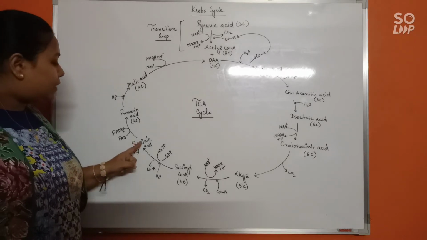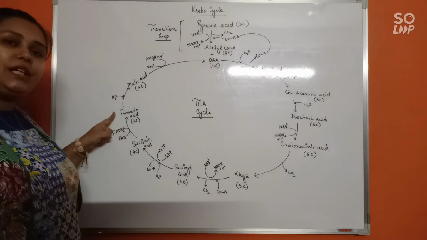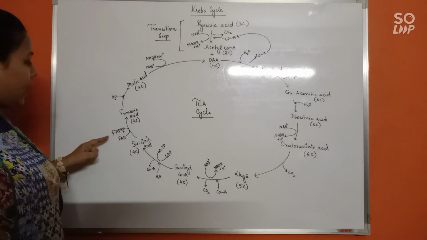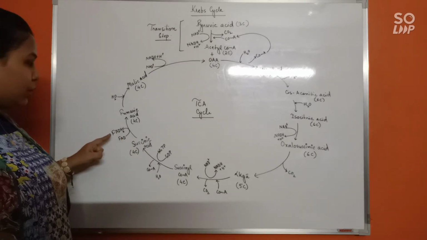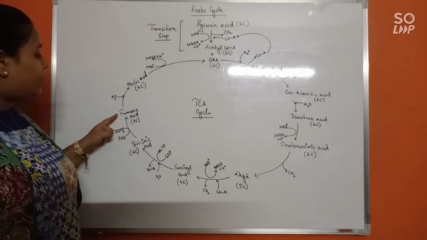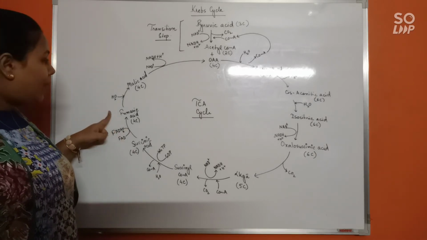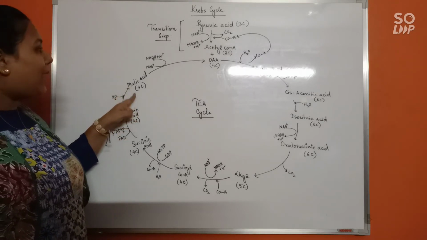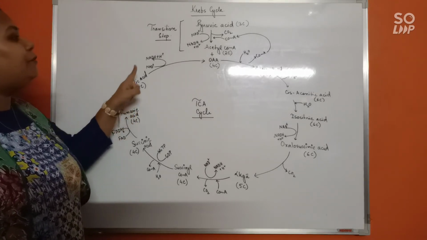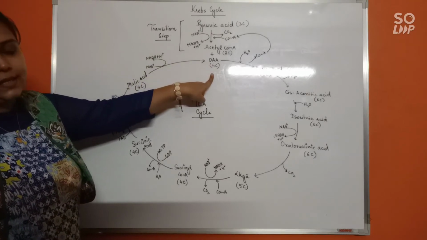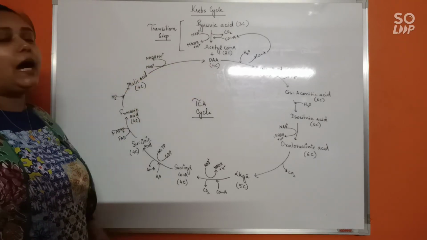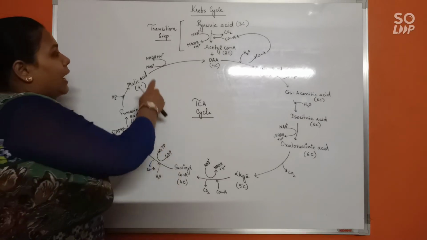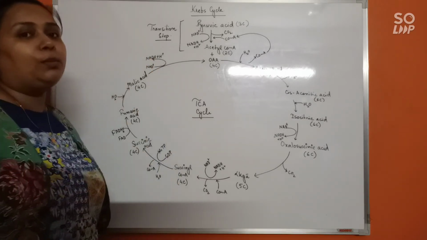Now, succinic acid finally undergoes another dehydrogenation step where FAD is converted into FADH2, giving rise to fumaric acid. Fumaric acid undergoes a hydration step, giving rise to malic acid, and malic acid finally will be converted to oxaloacetic acid by another dehydrogenation step in which NADH plus H plus is formed again.